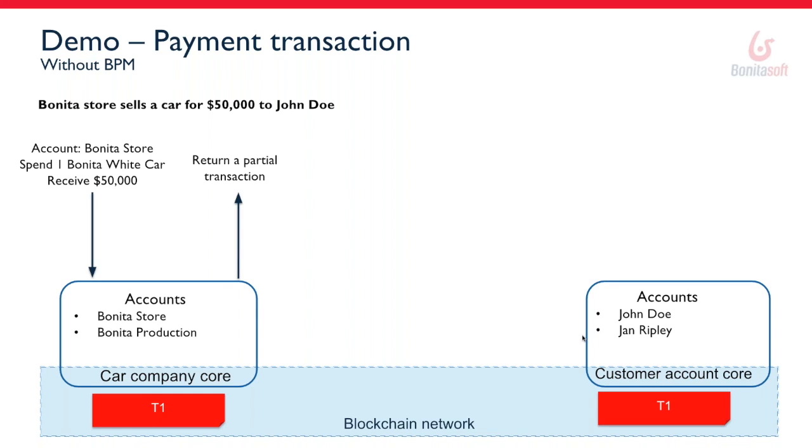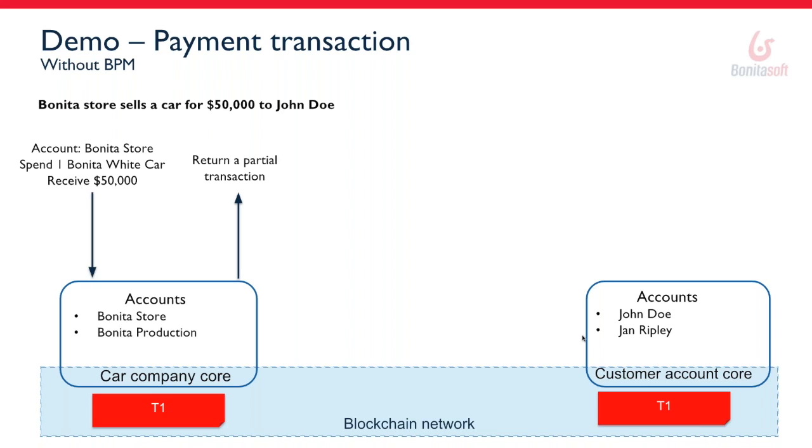First, on the car company core, we need to prepare the transaction. Because the car company core is managing the Bonita store account, we will start with this core. Using this core, we will say, I want to create a new transaction.